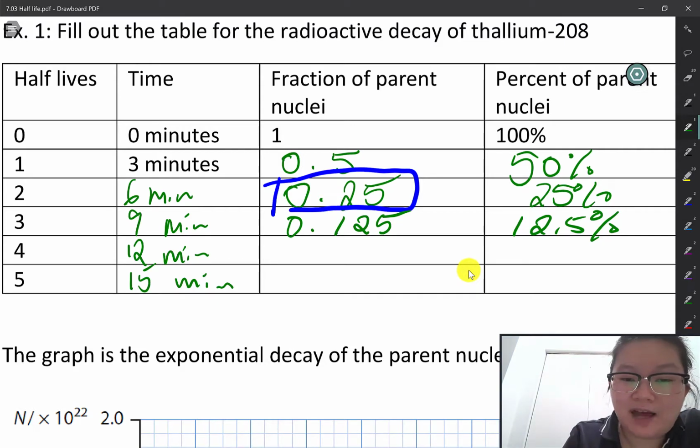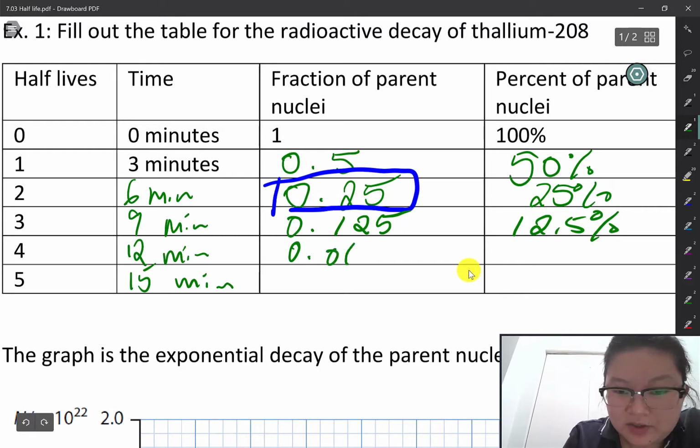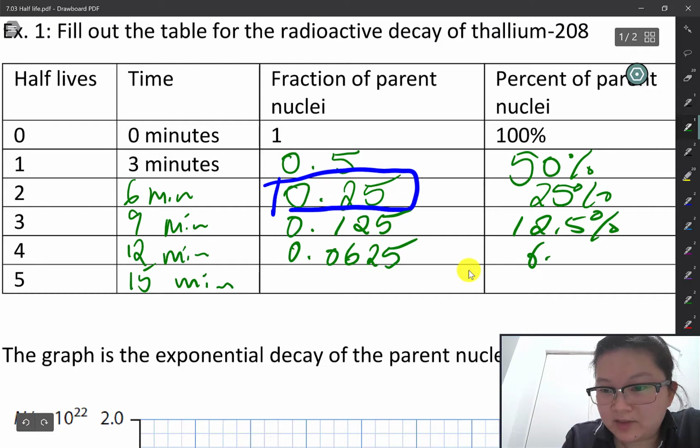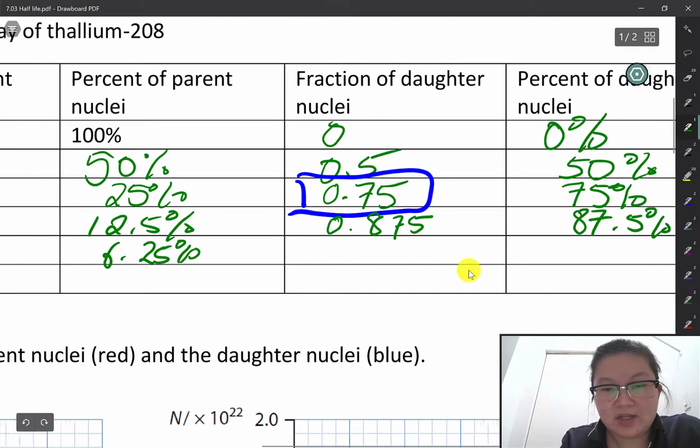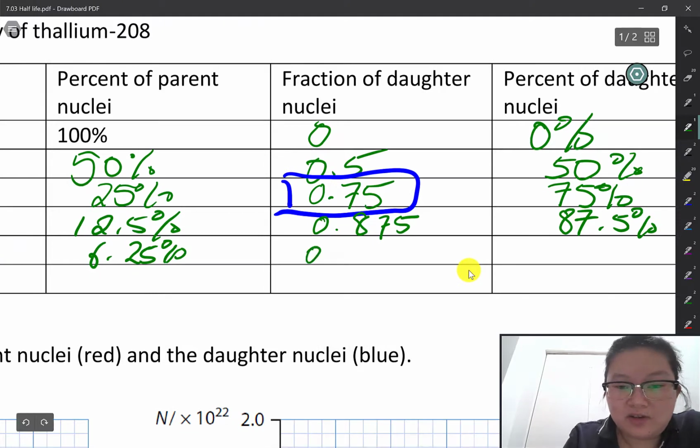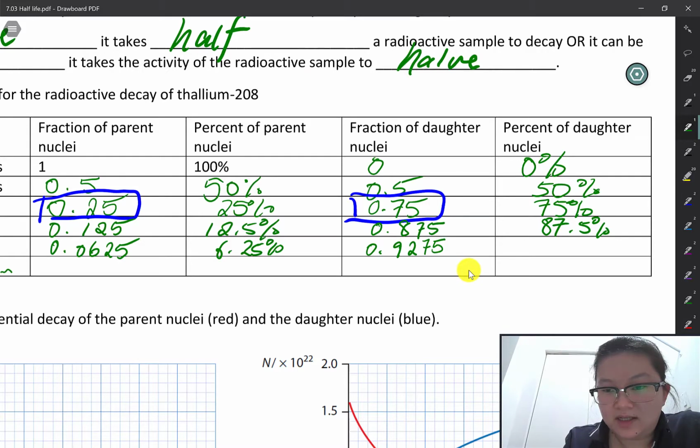0.125, half of that is 0.0625, which is 6.25% parent remaining, and then we add that to the daughter, which gives us 0.9375, or 93.75% in percent form.